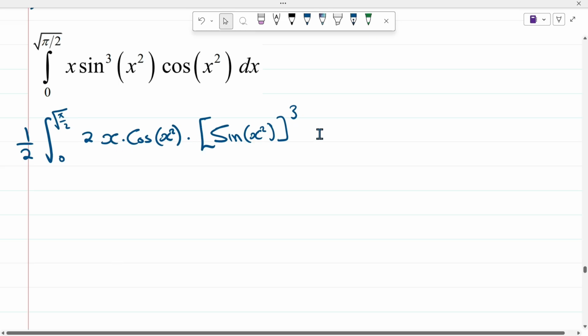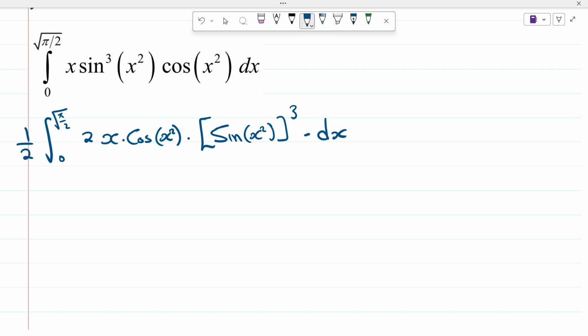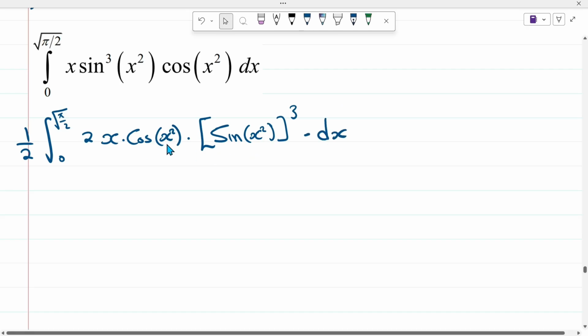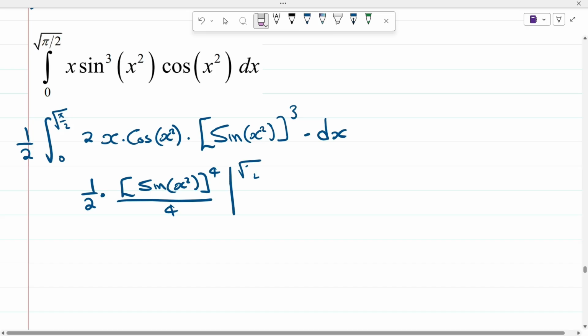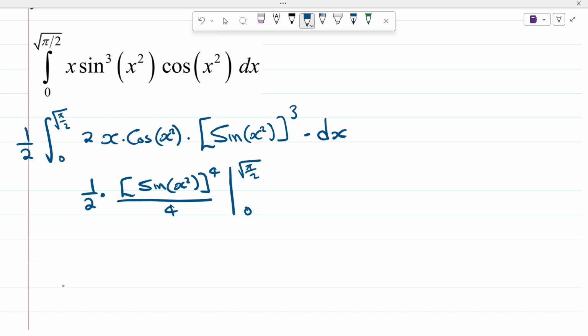Since we have the function and its derivative, we can use the general power rule. When we integrate, the 1 over 2 comes from outside, and then this is sine of x squared all to the power of 4 divided by 4. Then you put your limits, square root of pi over 2 and 0.